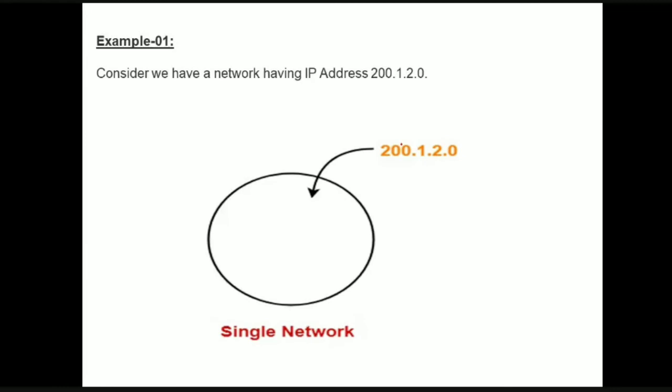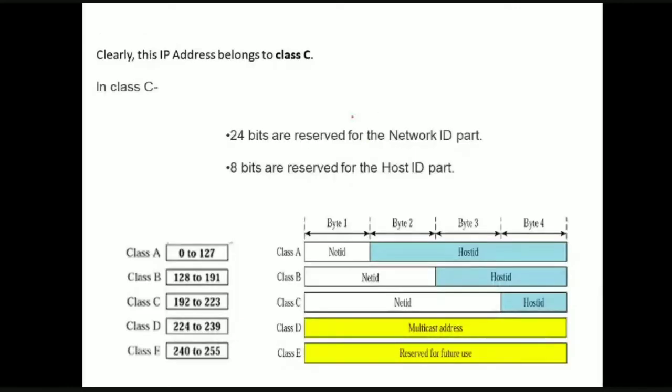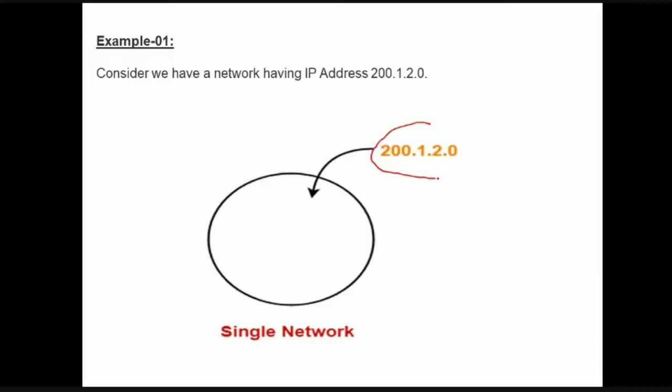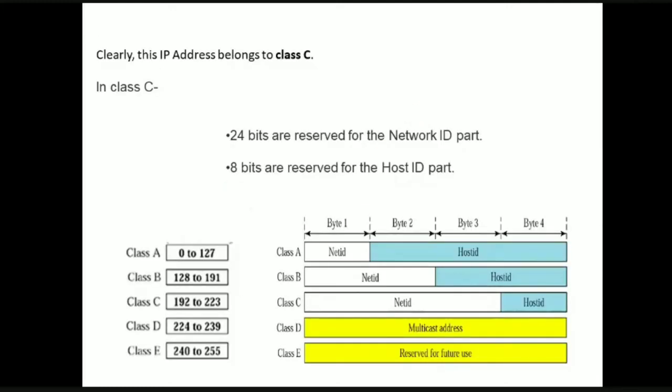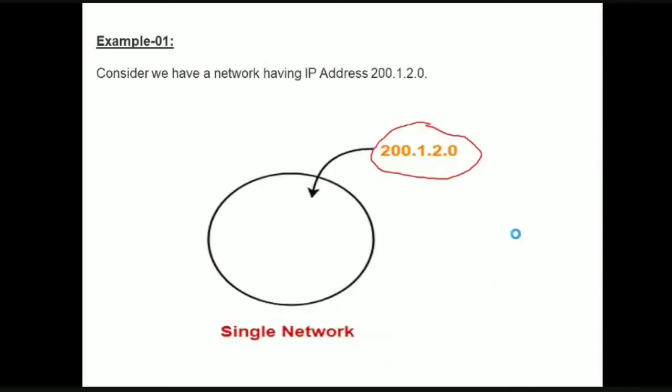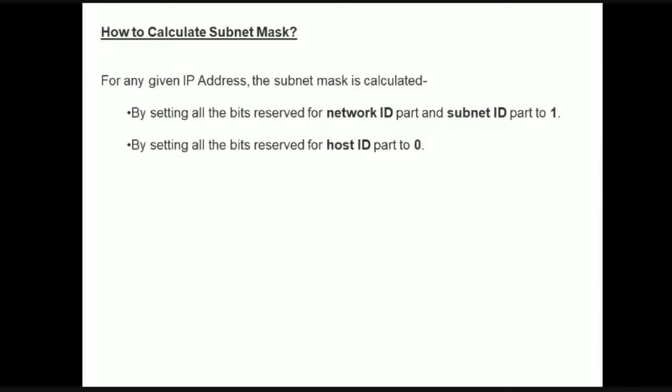Let us say we have an IP address 200.1.2.0. To which class does this IP address belong? Obviously class C, right? In class C, 24 bits are reserved for the network ID part, and 8 bits are reserved for the host ID part.